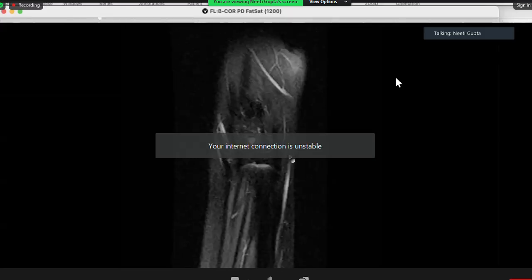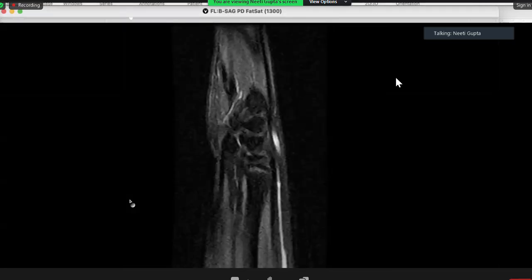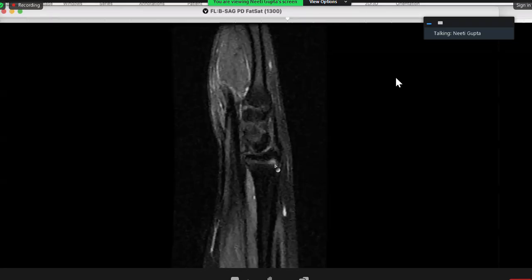On the MRI, as I was saying, at first dorsally, we see this tiny ganglion cyst, but again, this was not the cause of pain. What we see in addition to that is this mild edema and slight widening of the dorsal aspect of the distal radial physeal plate. If we see on the sagittal PD FATSAT images, again, we are able to appreciate, can you see this mild subtle widening of the dorsal physeal plate?